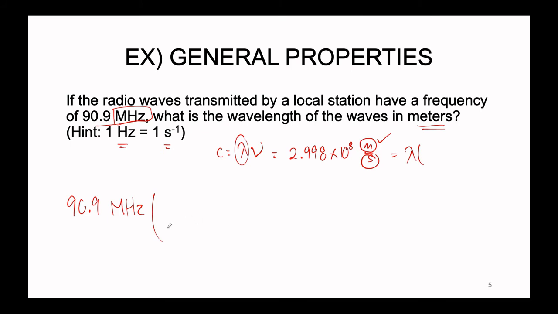According to the metric prefixes, mega is not one that we in this class use frequently, so we don't really need to know it off the top of our heads, but we can still look up this information whenever we need, either in the textbook or simply by Googling it. So for megahertz to hertz, there are 10 to the 6, or 1 million, hertz inside of every one megahertz.